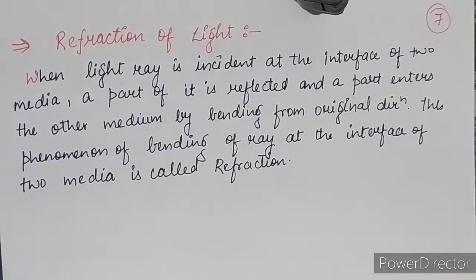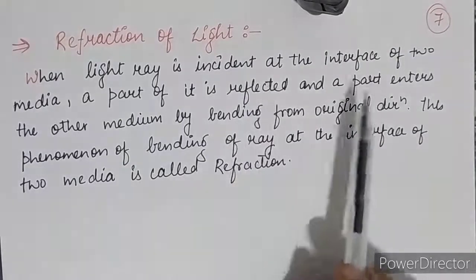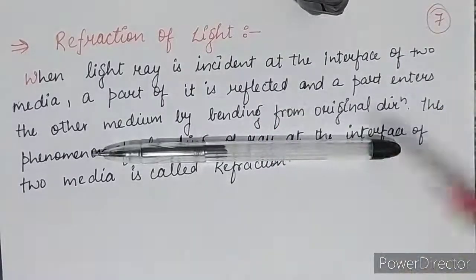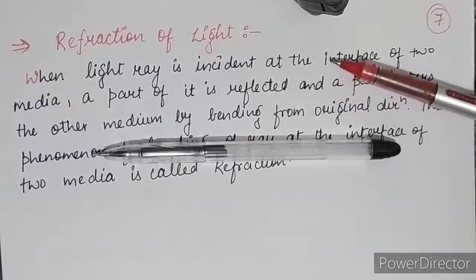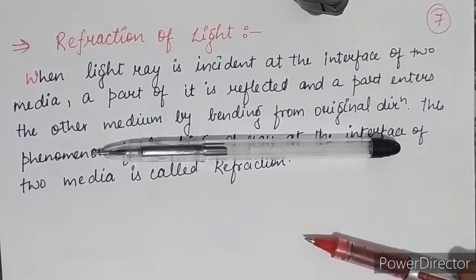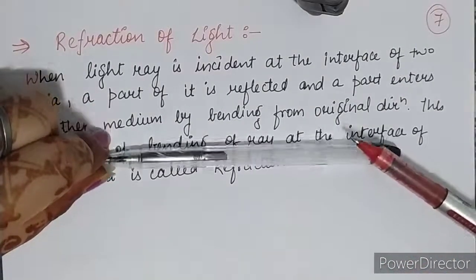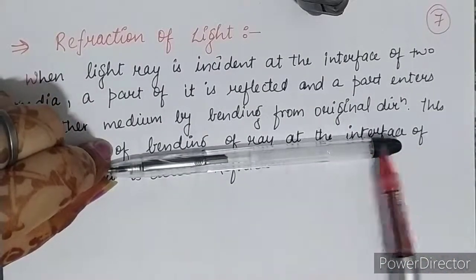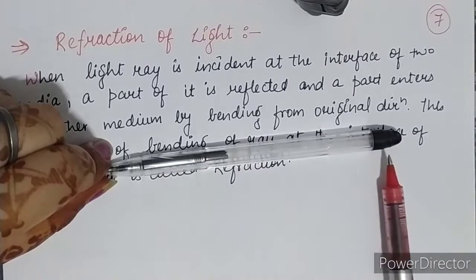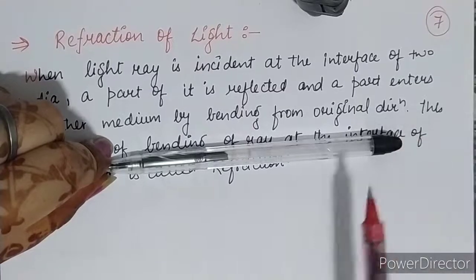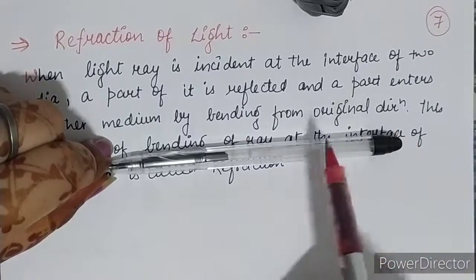So this is the refraction of light. When the light is incident at the interface, suppose this is the interface, above it is one medium and below it another medium, that is, the separation surface. Suppose I have taken a glass of water.